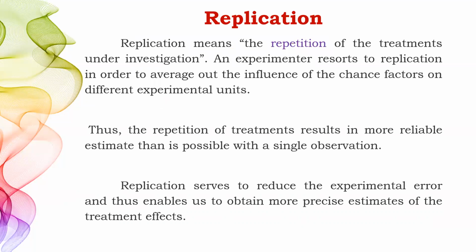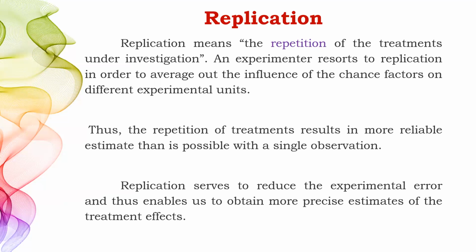So we'll see the first one, replication. Replication means the repetition of the treatments under investigation. An experimenter resorts to replication in order to average out the influence of chance factors on different experimental units.